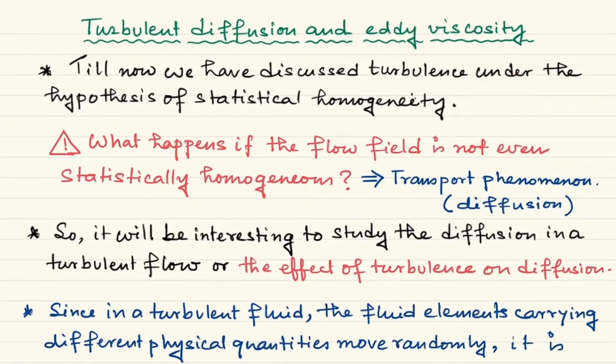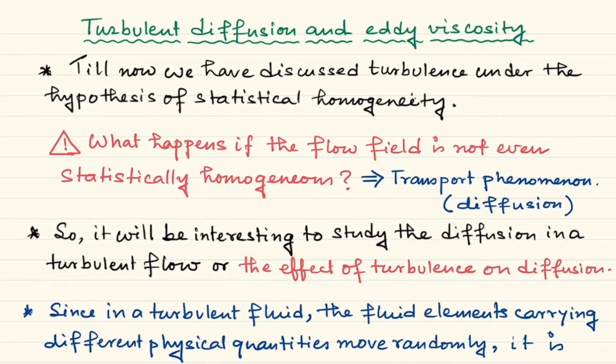Now in this type of situation, from your previous knowledge of transport phenomena, you can expect phenomena like diffusion. And it will be very interesting to study diffusion in a turbulent flow.